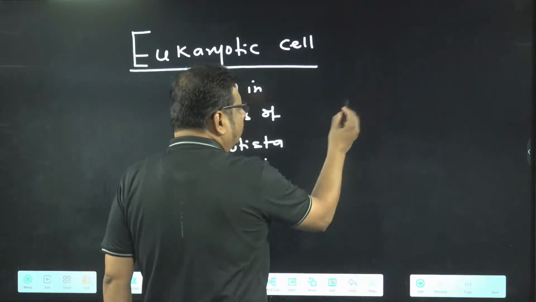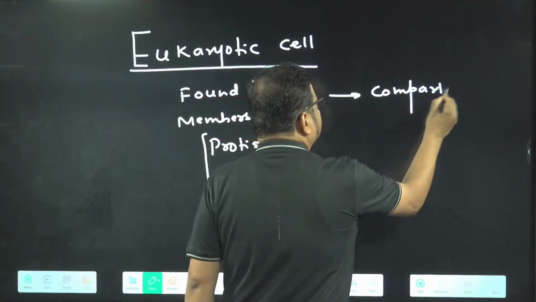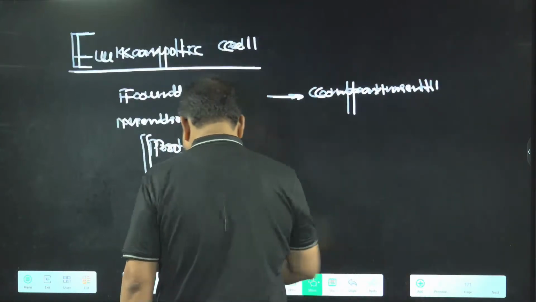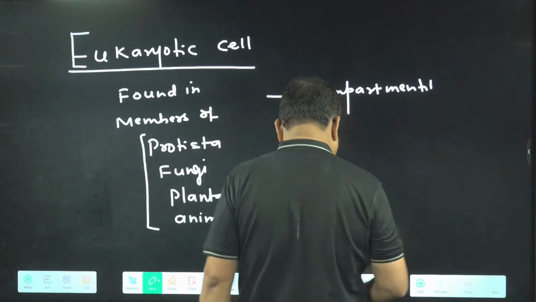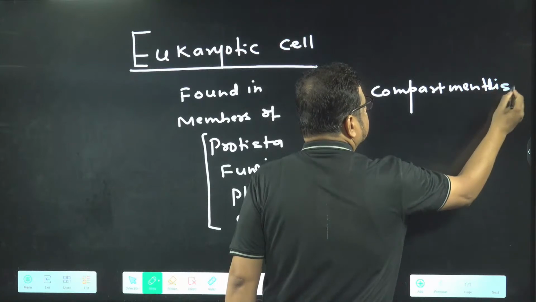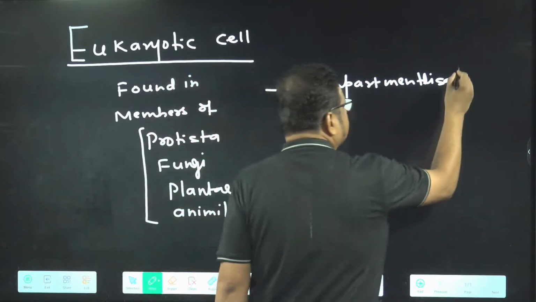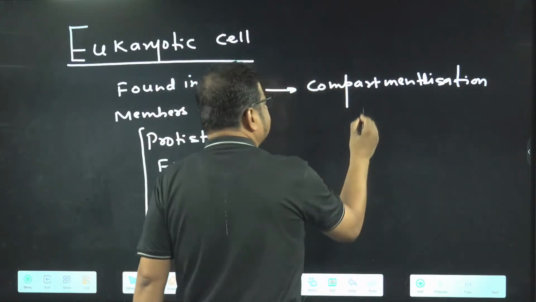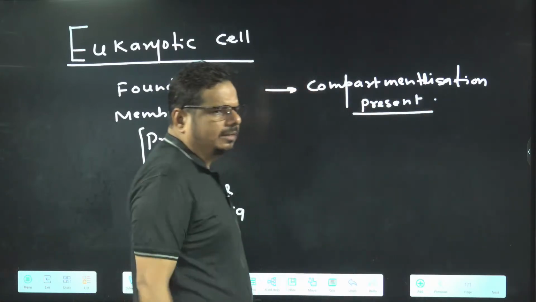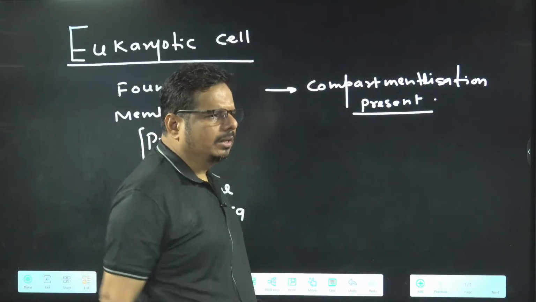So, as I told already, in eukaryotic cell, what is present? Compartmentalization is present. I already explained it to you. Due to the presence of membrane-bounded organelles, the cytoplasm is divided into many small compartments.